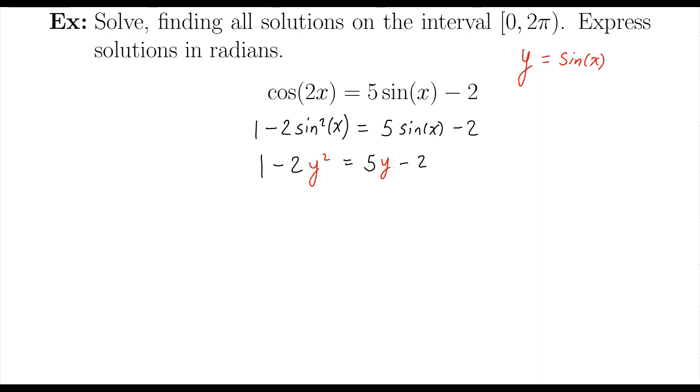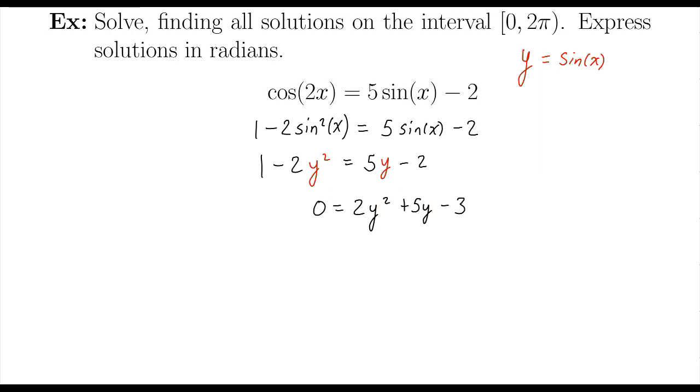Let's get everything to one side so I can factor it. So 0 equals, I'm going to add 2y squared to both sides, plus 5y, and then I'm going to subtract 1 from both sides. Negative 2 minus 1 is negative 3.